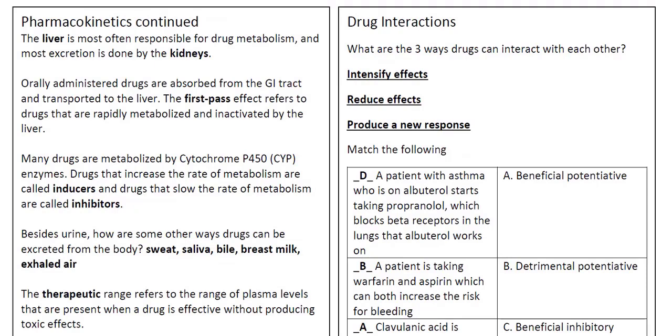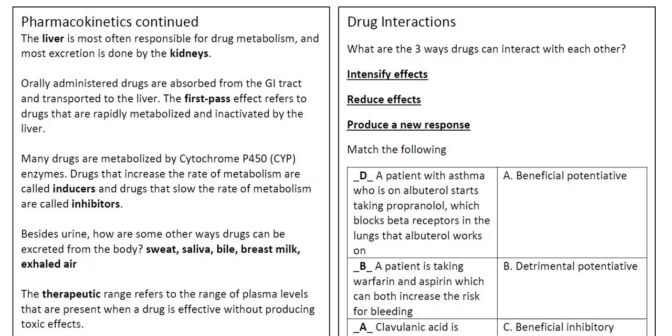The next two pharmacokinetic principles are metabolism and excretion. The liver is most often responsible for drug metabolism, and most excretion is done by the kidneys. When drugs are administered orally, they are absorbed from the gastrointestinal tract and transported to the liver.